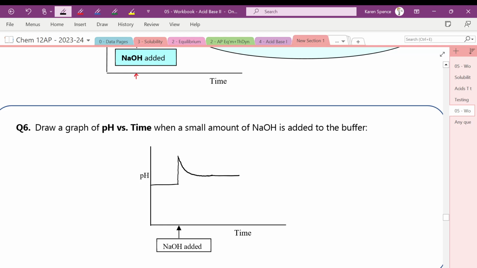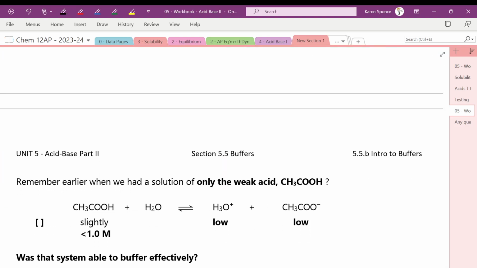I'm hoping your graph looks something like this. Is that correct? It does. Good. All right.